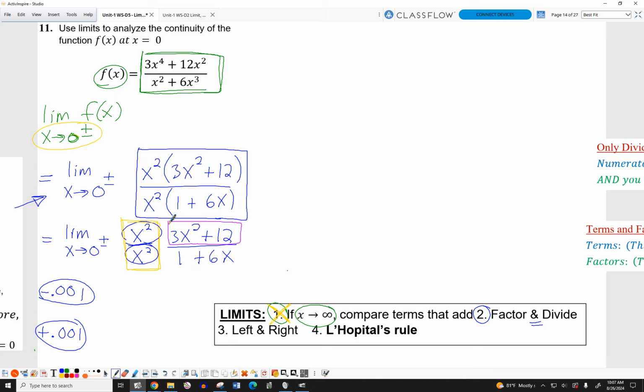Talk for a minute. Talk to each other, figure it out. What's the value of the purple box when x is almost 0? Just the value of the purple box.